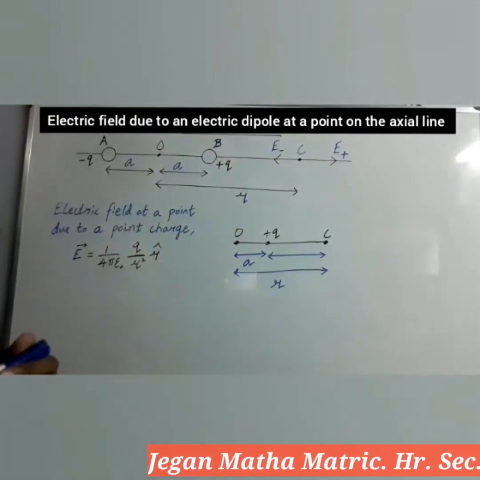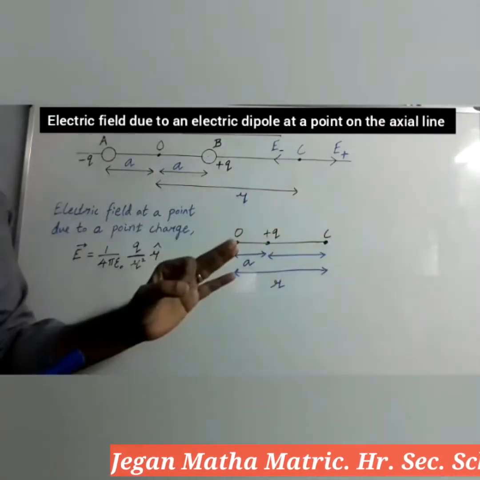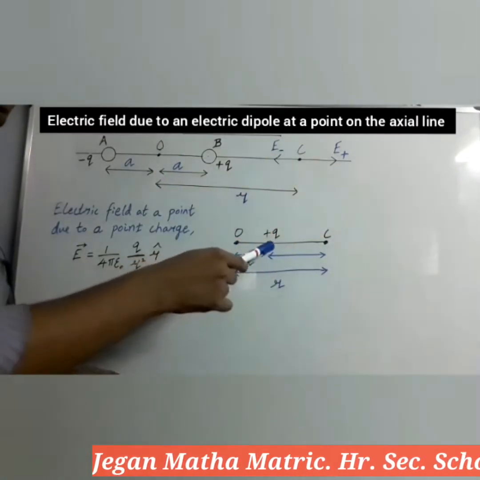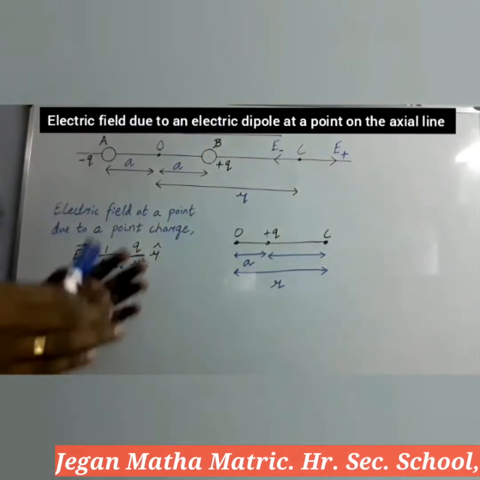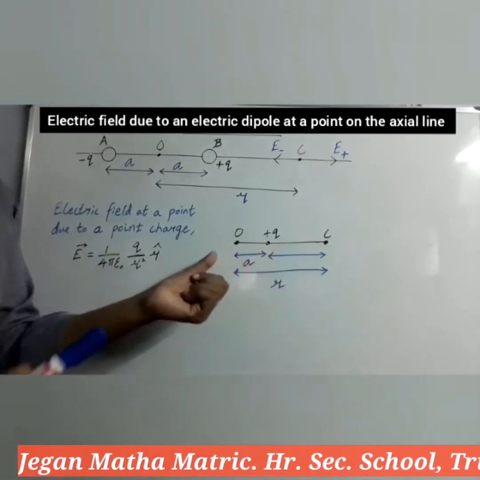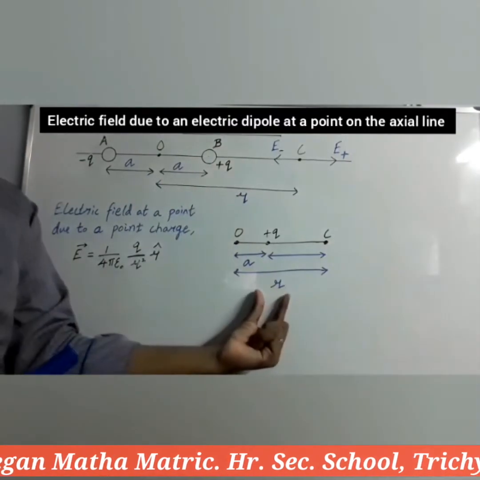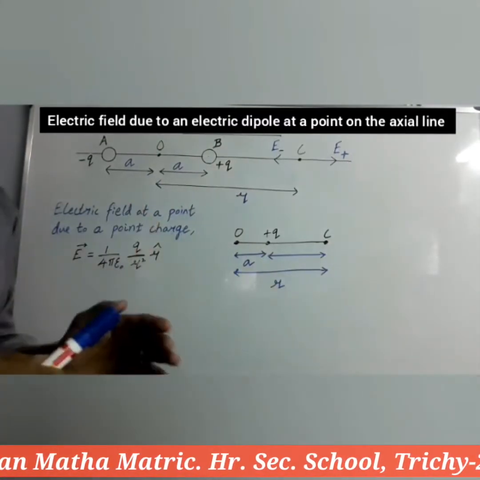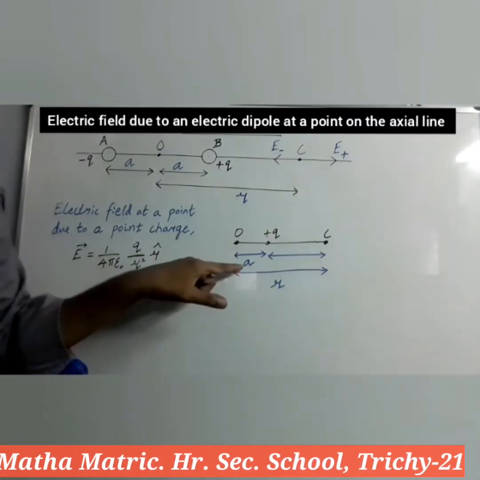To measure the distance, I have taken a small portion from that diagram. I have taken 3 points: point O, point B where we have kept the positive charge, and the point C. We know that the distance between the point O and the positive charge is a. The distance between point O and the point C is r. Now you need only the distance between the positive charge and the point C. How can you get it?